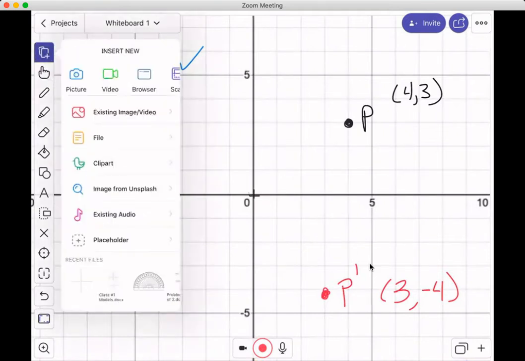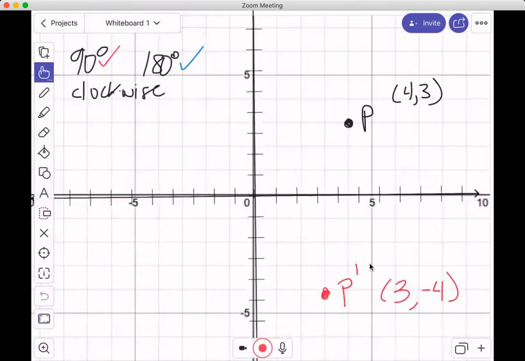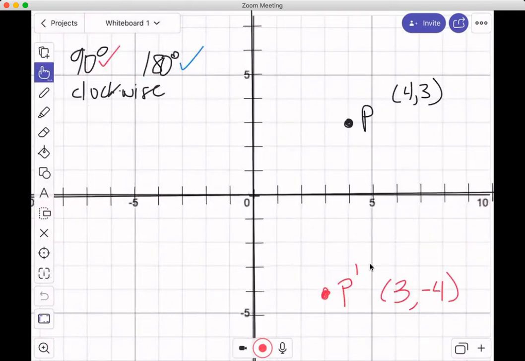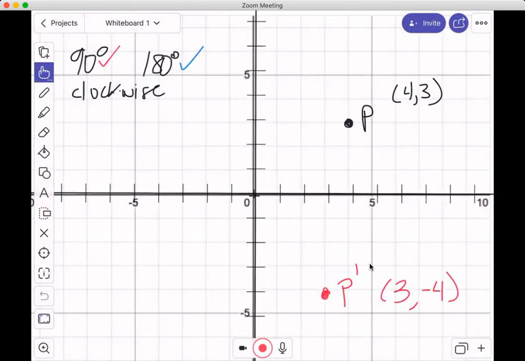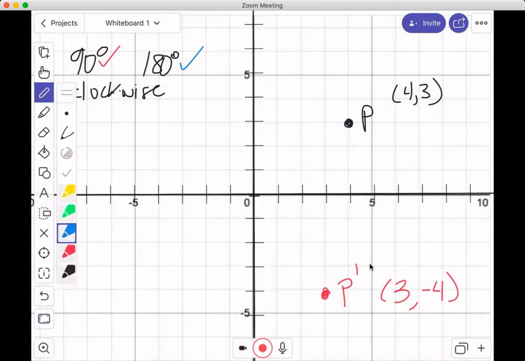So let me get a new piece of tracing paper. I'll lay it right over the top like I did last time. I'll put it right over my fixed point at the origin. I'll trace my original point, P. This time I'll do it in blue for my 180 rotation.